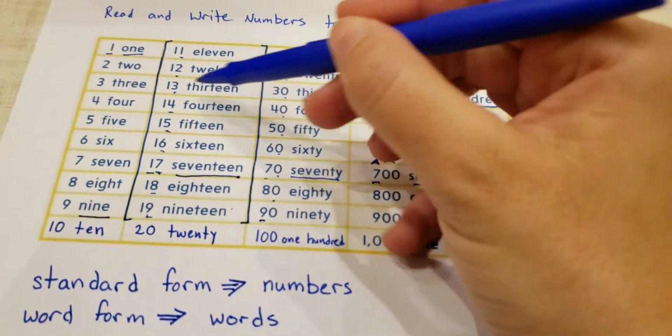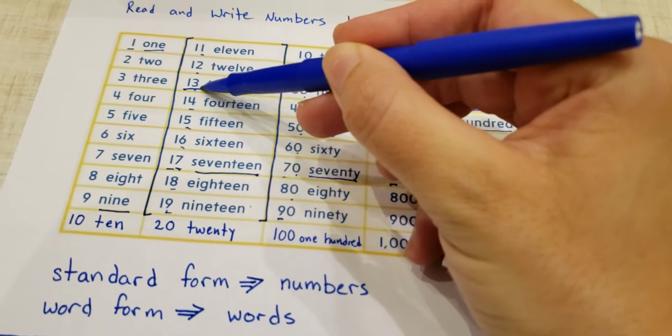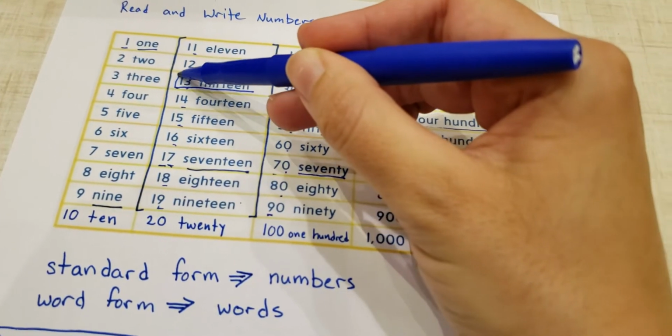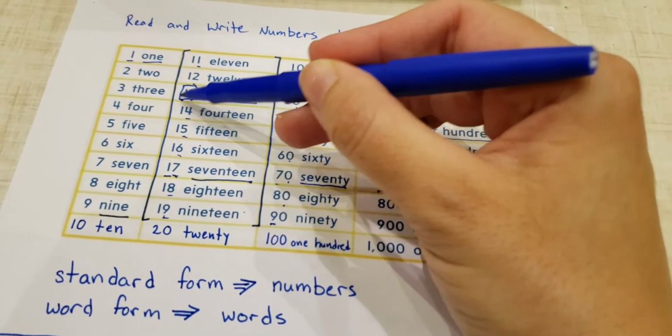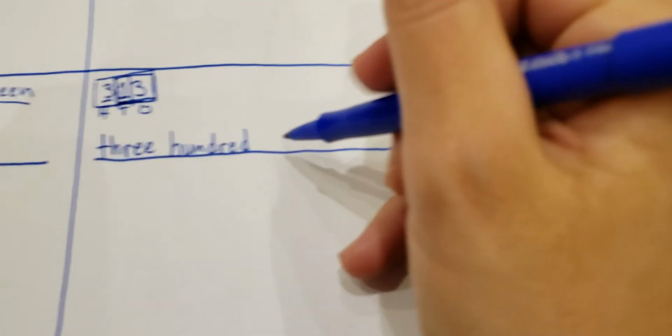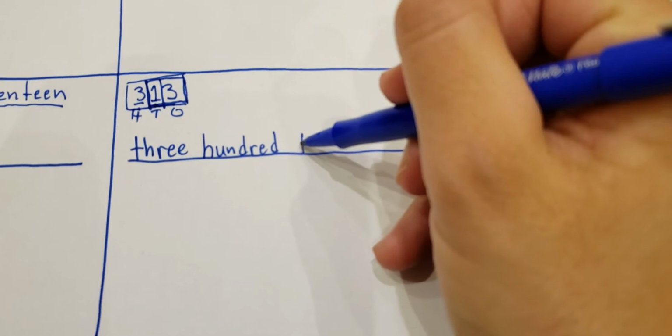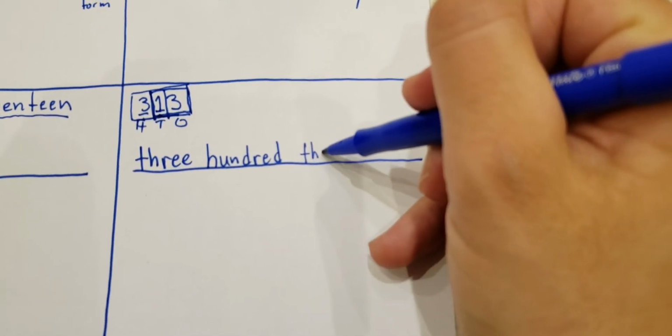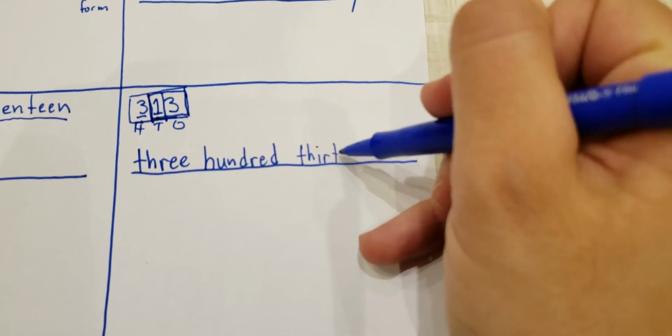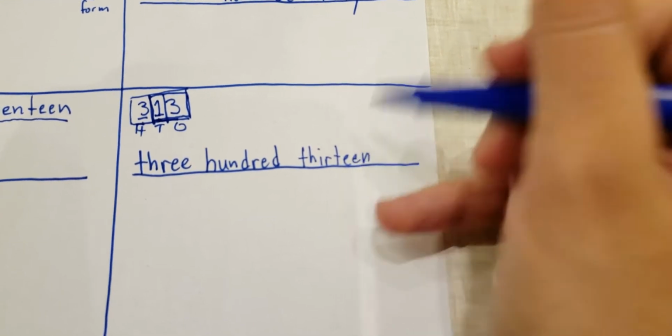So we have to find 13. It's here. We look at the tens and the ones place together, that is 13. And rewrite the word form of it. 300, 13, T-H-I-R-T-E-E-N. Okay.